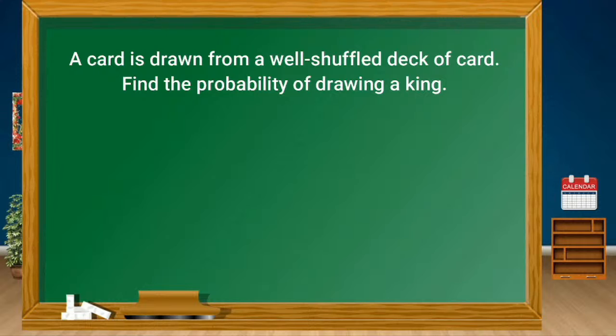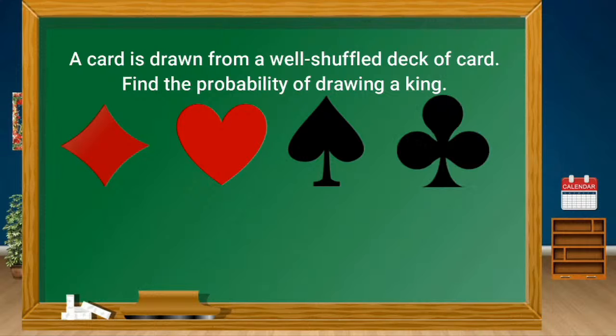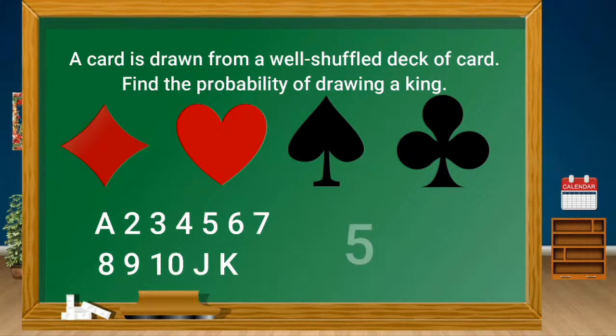A card is drawn from a well-shuffled deck of cards. Find the probability of drawing a king. In a deck of cards, we have diamond, heart, spade, and club. And in every suit, we have ace, 2, 3, 4, 5, 6, 7, 8, 9, 10, jack, queen, and king.